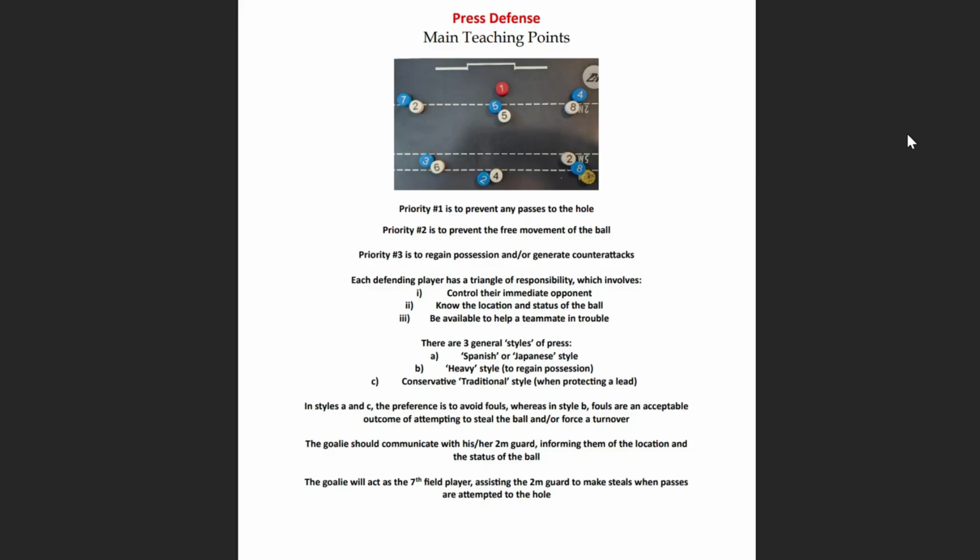Thirdly, if for some reason 8 blue was in a position to try and throw a backdoor pass to the center forward, his teammate or her teammate, number 5 blue, 2 may need to be available to help the 2-meter guard.